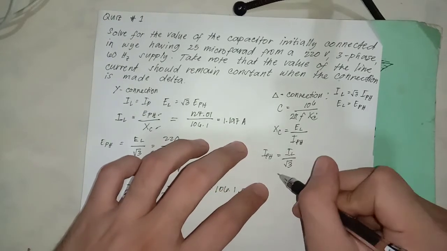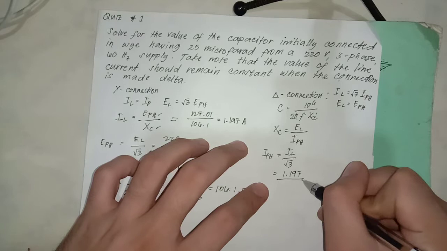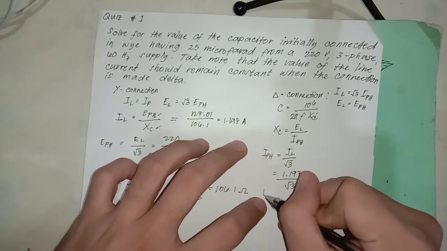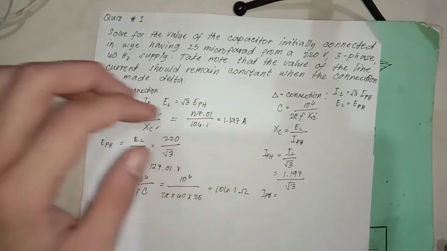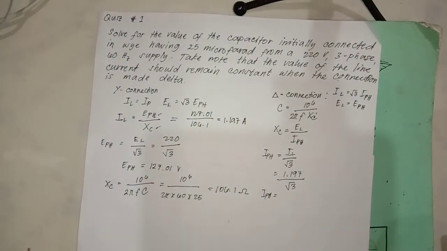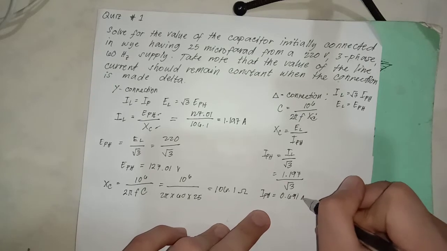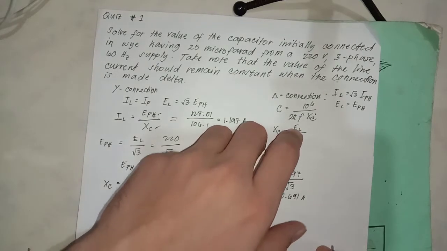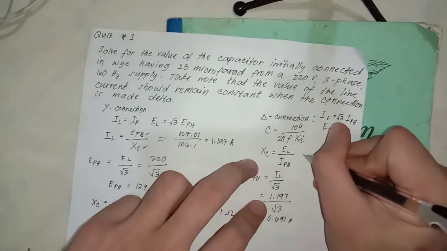So we can now have 1.197 divided by the square root of 3. Our phase current is equals to 0.691 amperes.